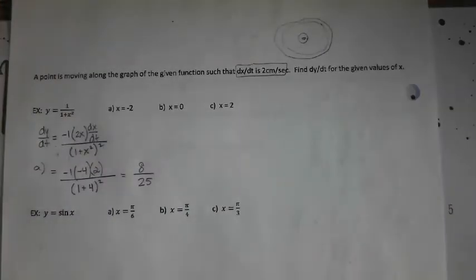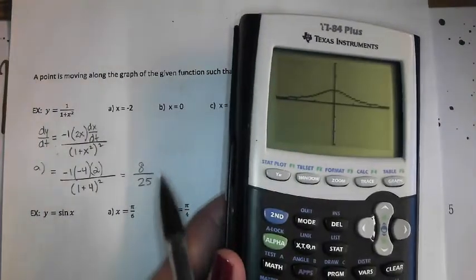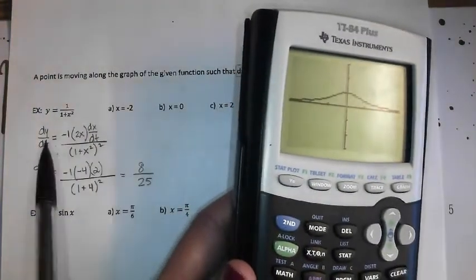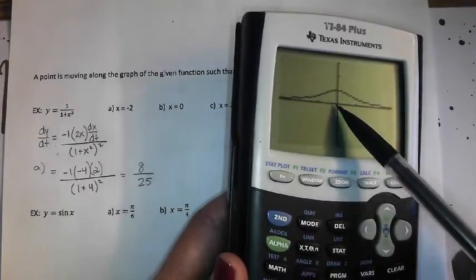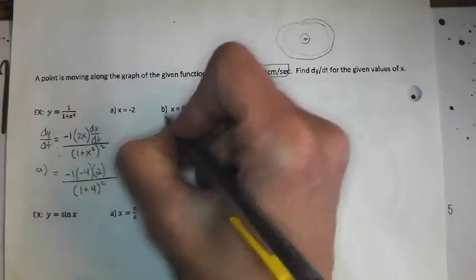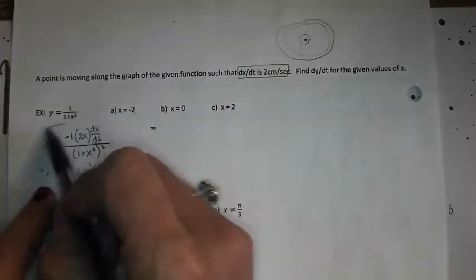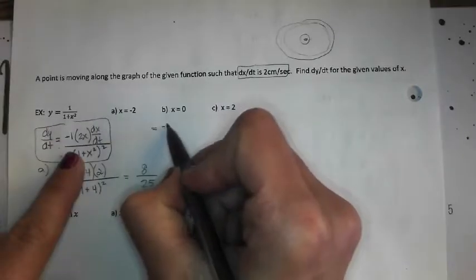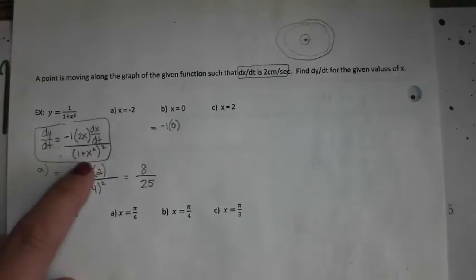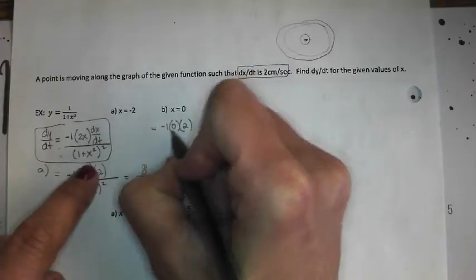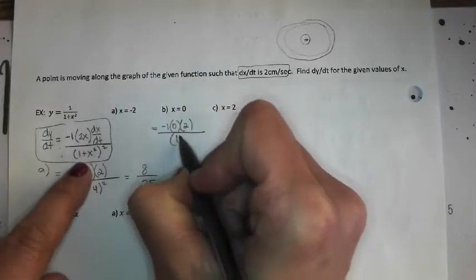Anyway, so at -2, which is out here, the dy dt is 8/25. So we're going to look at 0 as well. We're just plugging in to the same derivative that we found, -1.2 times x is 0. dx dt is still 2. 1 plus 0 squared is just 1 squared.